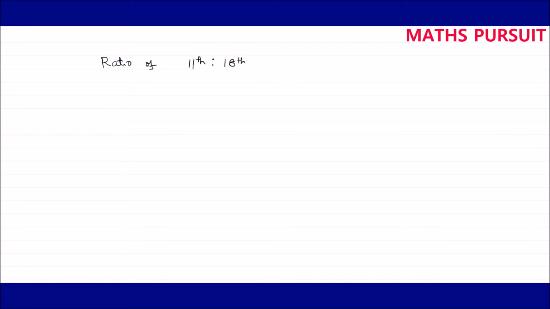The ratio of the 11th term to its 18th term is 2:3. This is what is being given in the question.